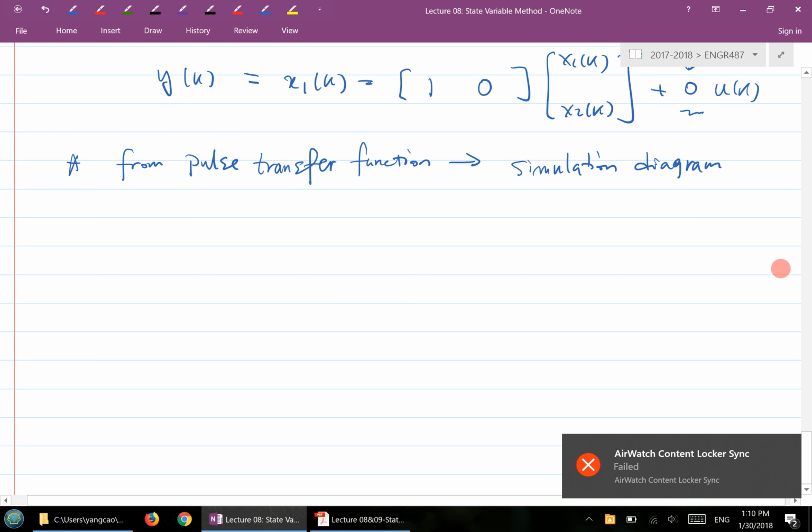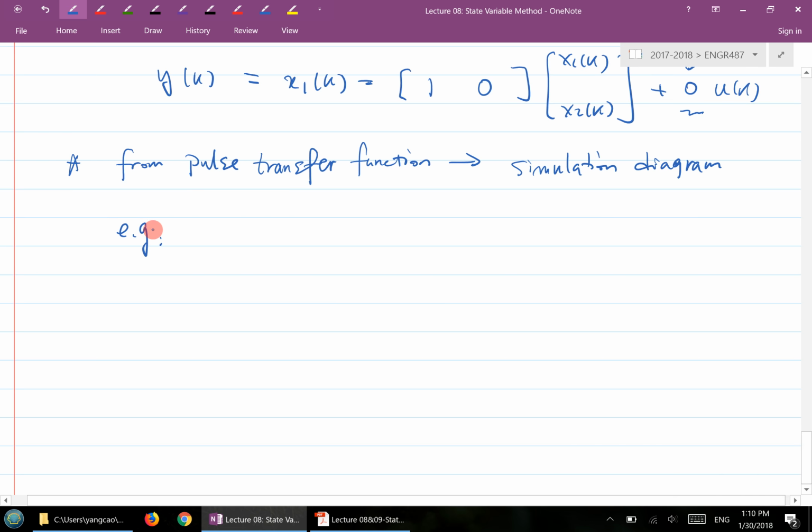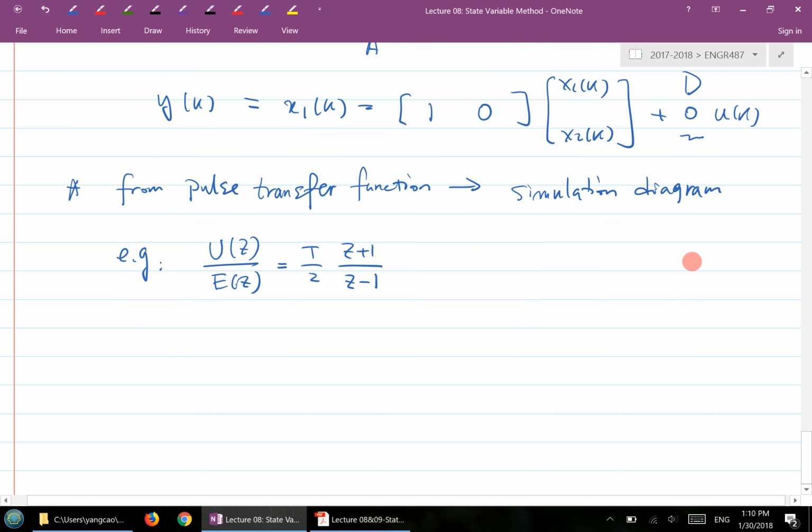Let's say, for example, here is a simple pulse transfer function. As a matter of fact, if you see this one, it should probably remind you of something from our previous lecture.